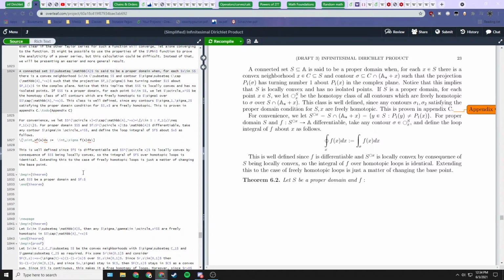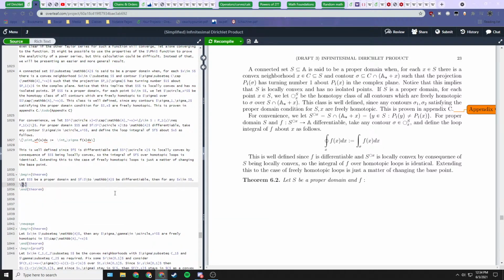Okay, so let S be a connected proper domain and f map S to A be differentiable. Then for any x in S, we have this equality: f of x is equal to this integral about x of a fraction, f of z over z minus x, dz.